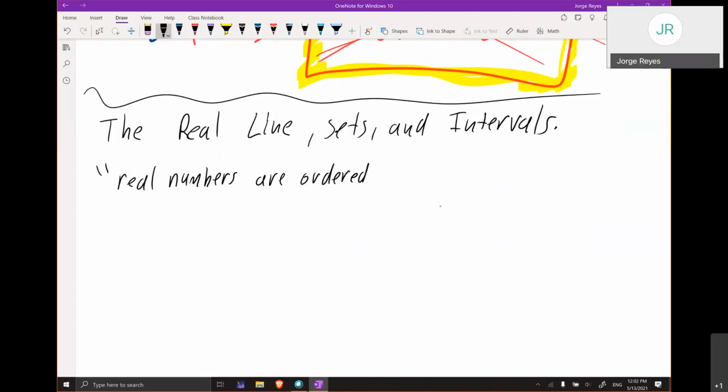What we mean is that we can always say some number is less than, bigger than, or equal to another. Like 2 is less than 3, and we know that, right? We just look at the number line.